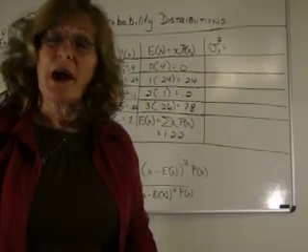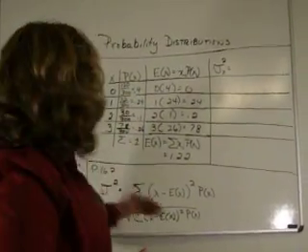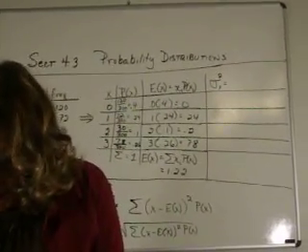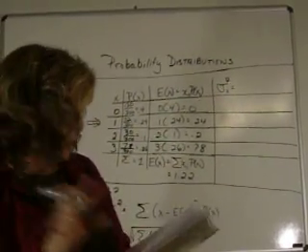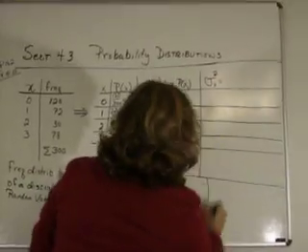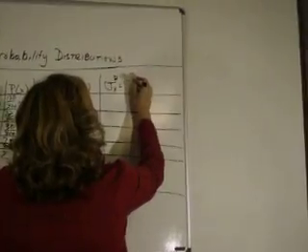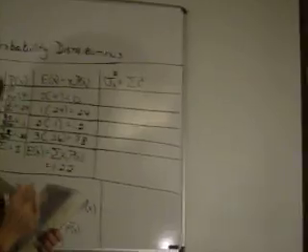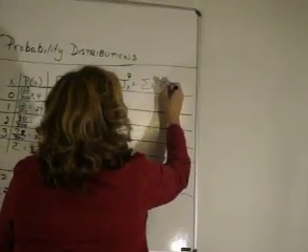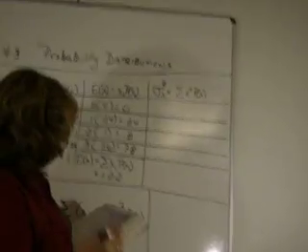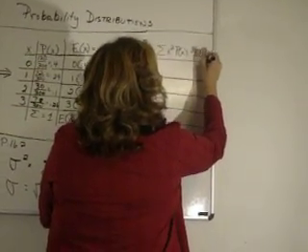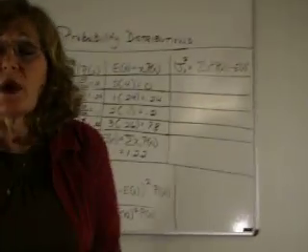Fortunately, there also happens to be another formula, an algebraic shortcut to this particular one, and it's written as follows. Variance is equal to the summation of your x's squared, multiplied times the probability, and then subtract off the expected value squared.